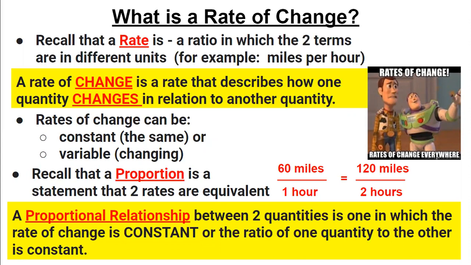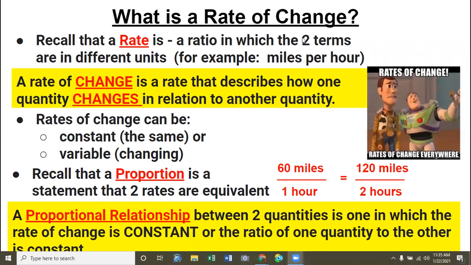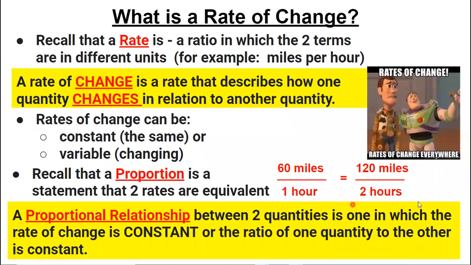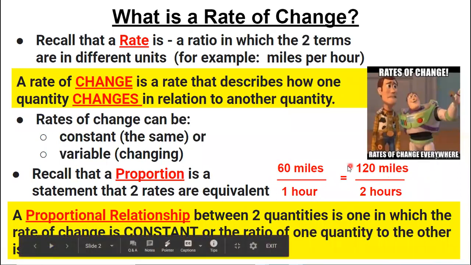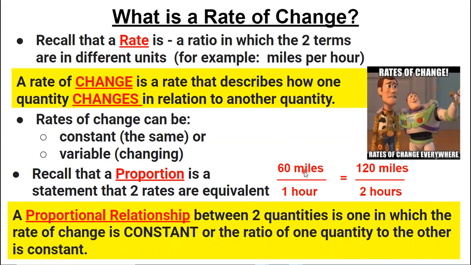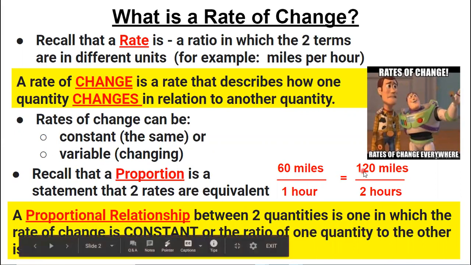Recall that a proportion is a statement that two rates are equivalent. And we have over here on the right what we've been working with from the last lesson. Let's grab my spotlight here. Right here, we notice that we have miles on top and hours on the bottom. And then we can set up a proportion and solve for any of the missing pieces. So 60 miles, the person will go in 1 hour. 120 miles, they will go in 2 hours.